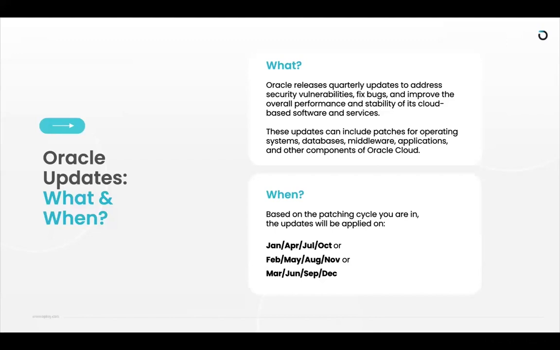It depends on what cohort you're in when you're actually taking these updates into your environment, but you're either in cohort 1, which is the first month of every quarter, cohort 2, which is the second month of every quarter, or cohort 3, which of course is the third month. So that's what it is.